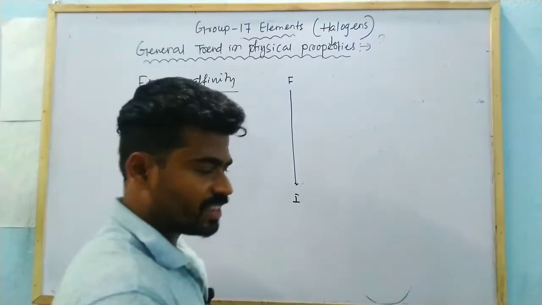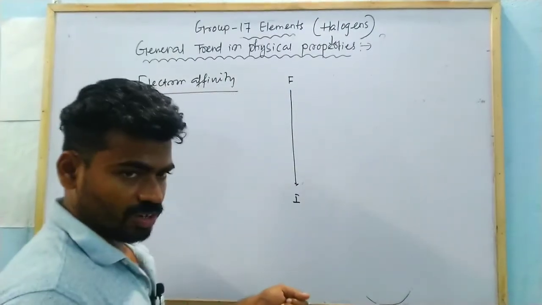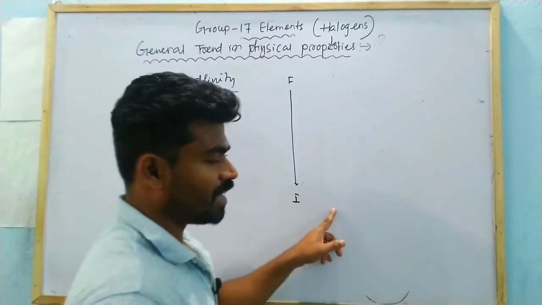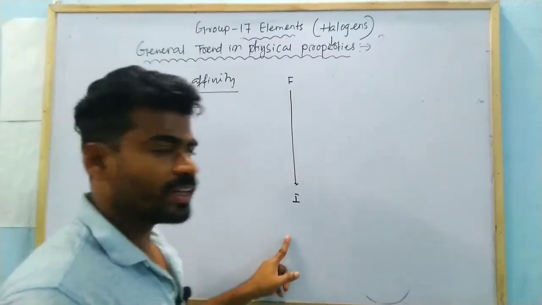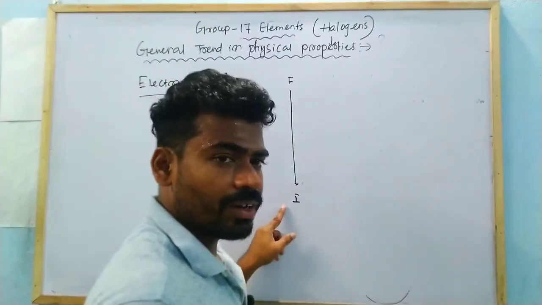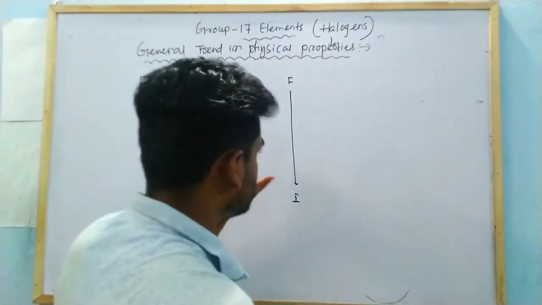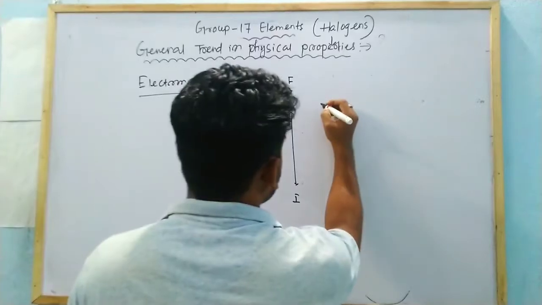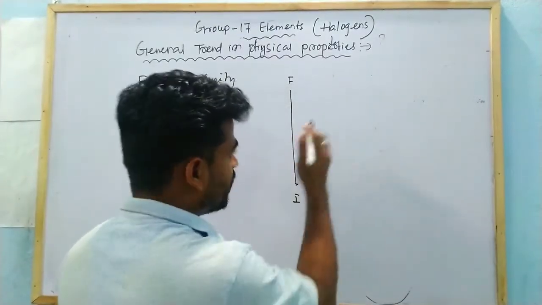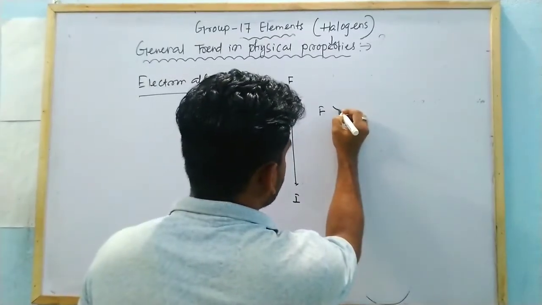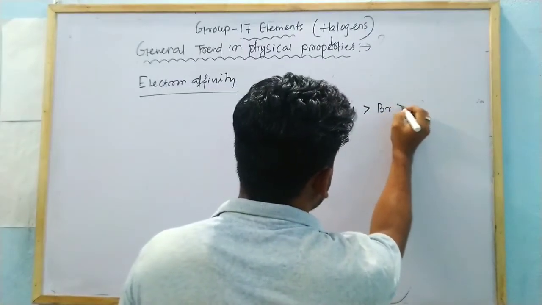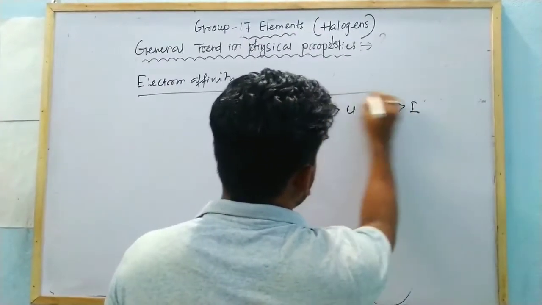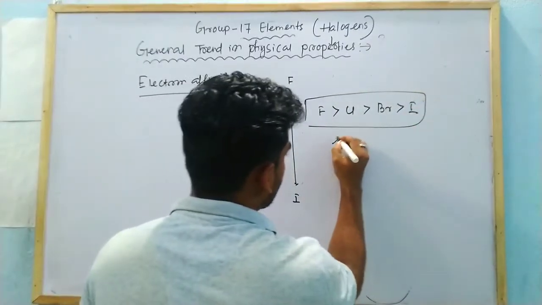So the tendency to drag an electron for addition in the valence shell also decreases from fluorine to iodine. So the expected order should be fluorine greater than chlorine, greater than bromine, greater than iodine.